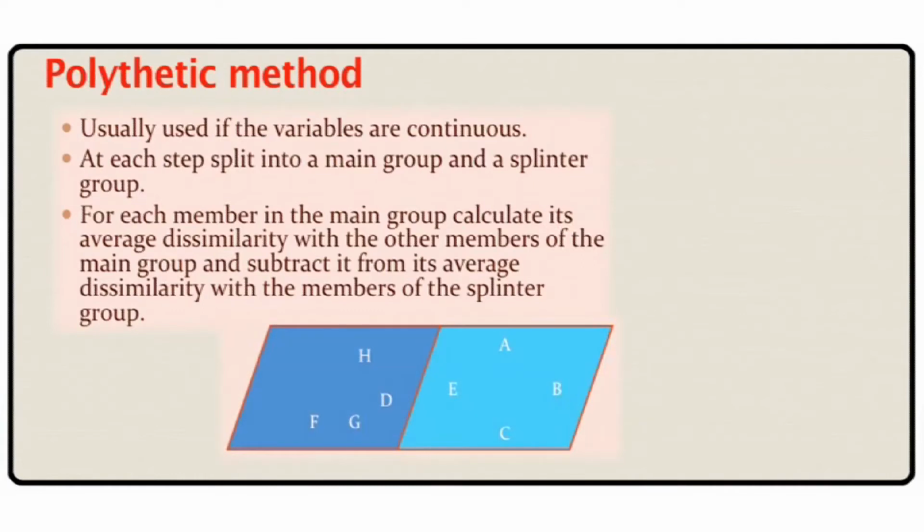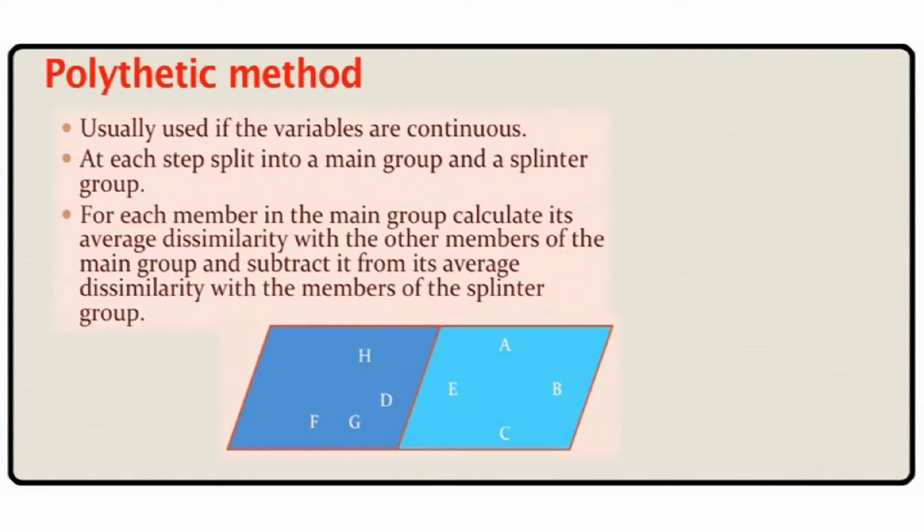So polythetic methods are easier to do for continuous variables. What we do here is, at each step we split a particular cluster into two clusters, one which we'll call the main group and the other which we'll call the splinter group.